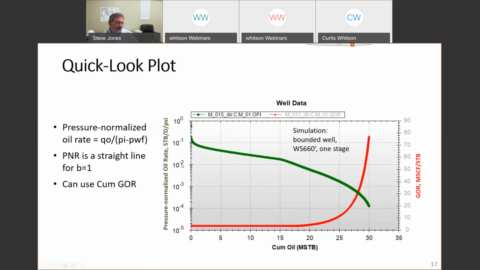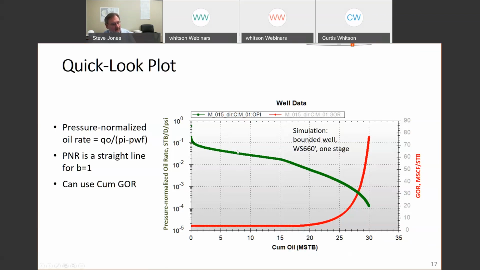One really helpful thing about this plot, if you plot log of rate or pressure normalized rate versus cum oil, a straight line on this plot is an exponential, a hyperbolic exponent of 1. So a B factor of 1 gives you a straight line on this plot. And you can very quickly see, is my B factor greater than 1 or less than 1?